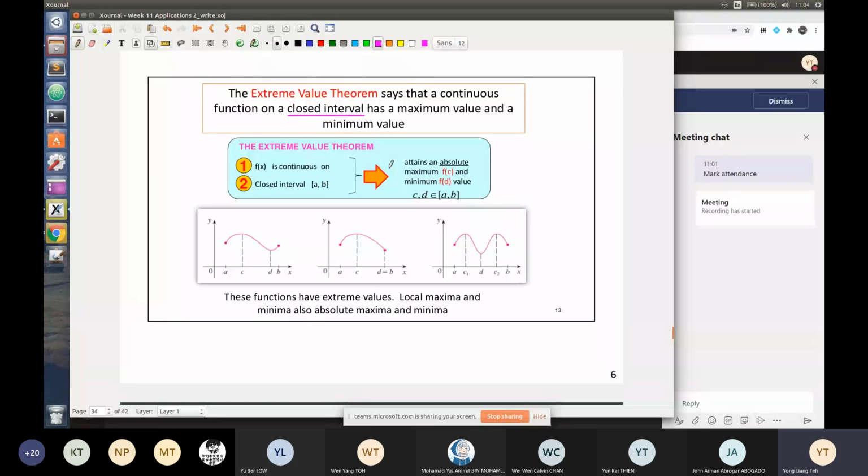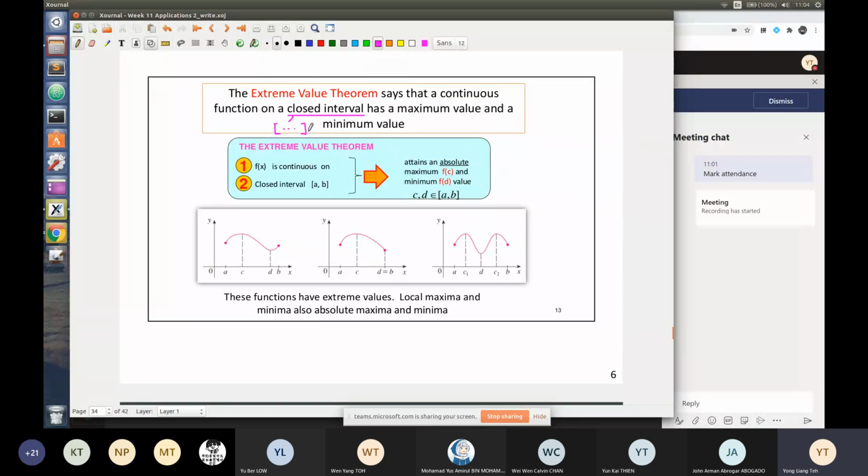So we're going to continue and recap on our extreme value theorem. As I mentioned before, the extreme value theorem is a bit like common sense, very intuitive, very logical. It says that if your function is continuous and it is on a closed interval, and we discussed to some extent the concept of closed and open intervals. A closed interval, in a nutshell, really just means that the interval bracket must be square brackets.